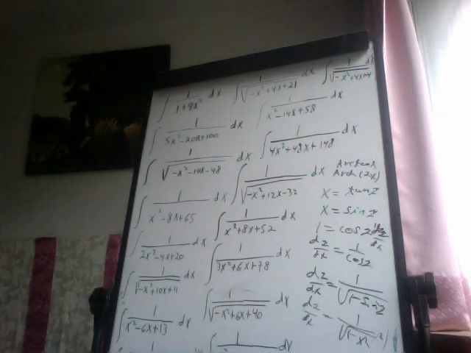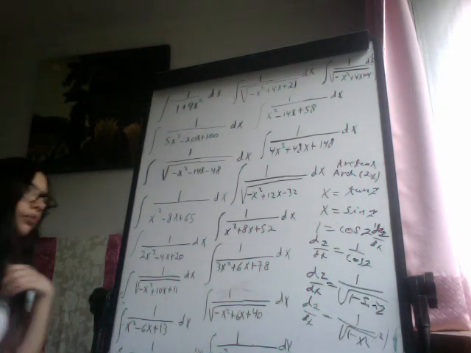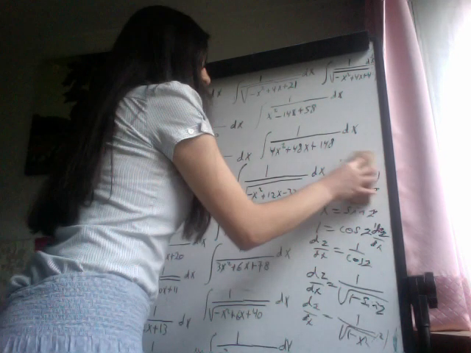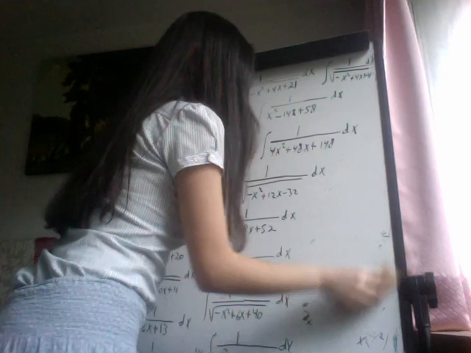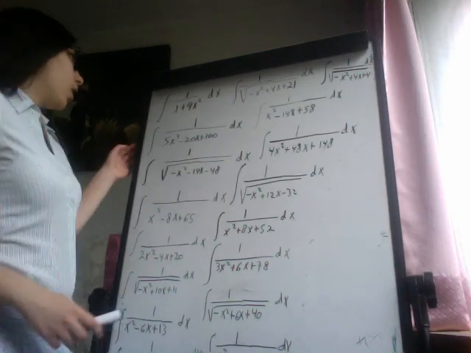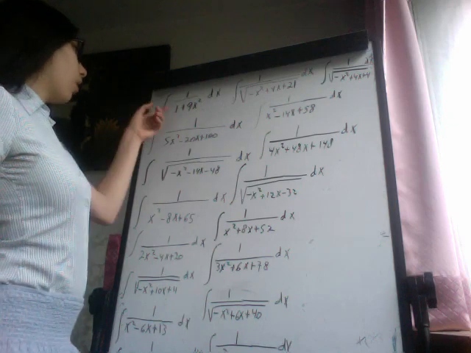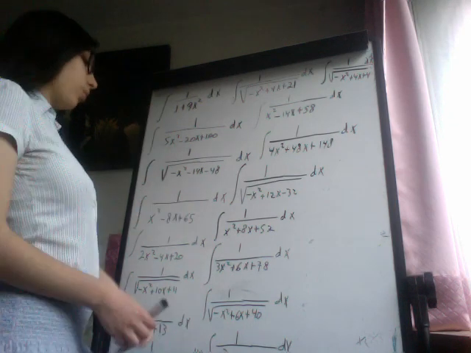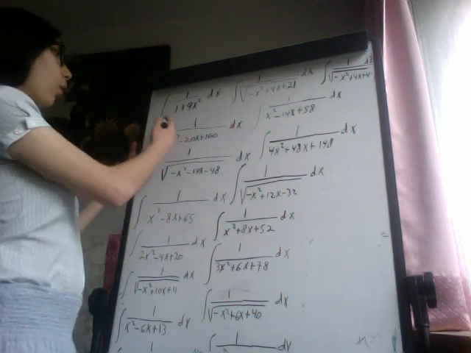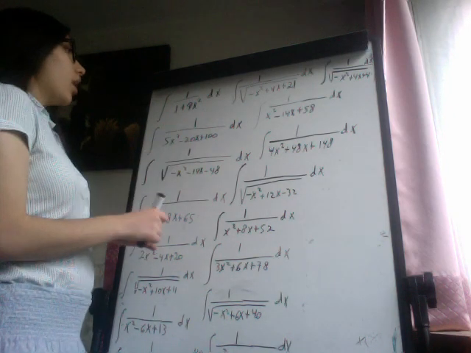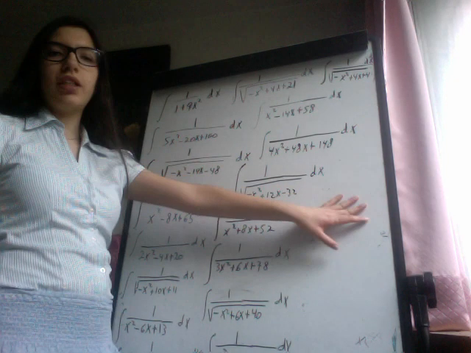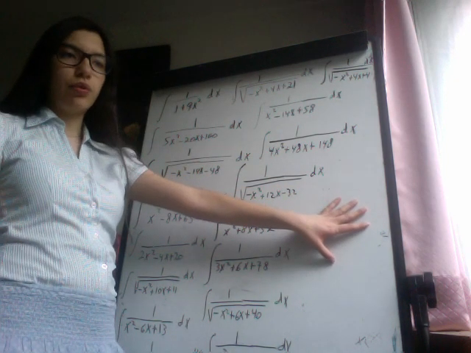Alright, so now we have a series of exercises, and we will apply this rule. So let's go together for the first ones. What's the integral of 1 over 1 plus 9x squared? If you see this, it has the appearance of 1 over 1 plus square x. Actually, let's suppose that here instead of x, I put u.